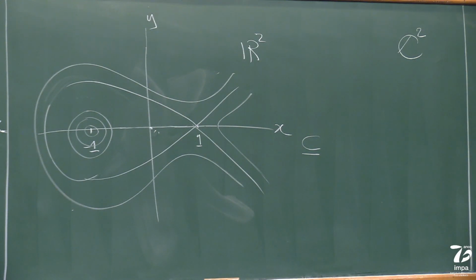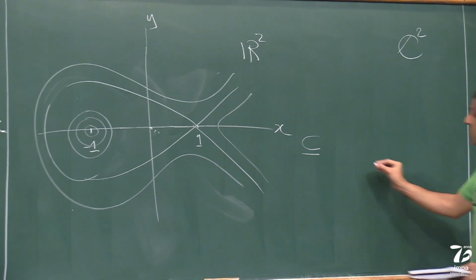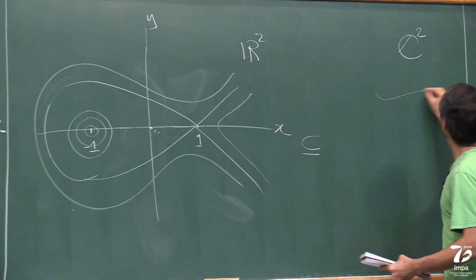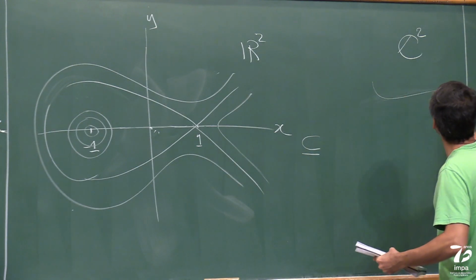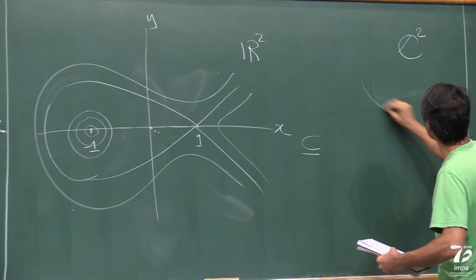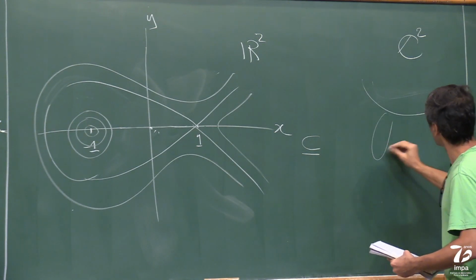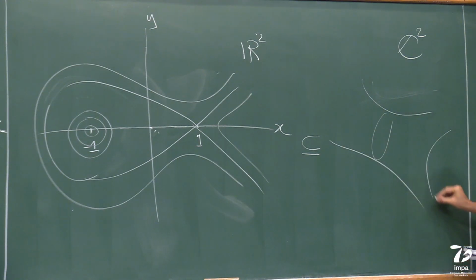But anyway, in mathematics, we have theoretical methods to visualize without seeing. So let me make this artistic picture. So there will be Riemann surfaces inside C2.